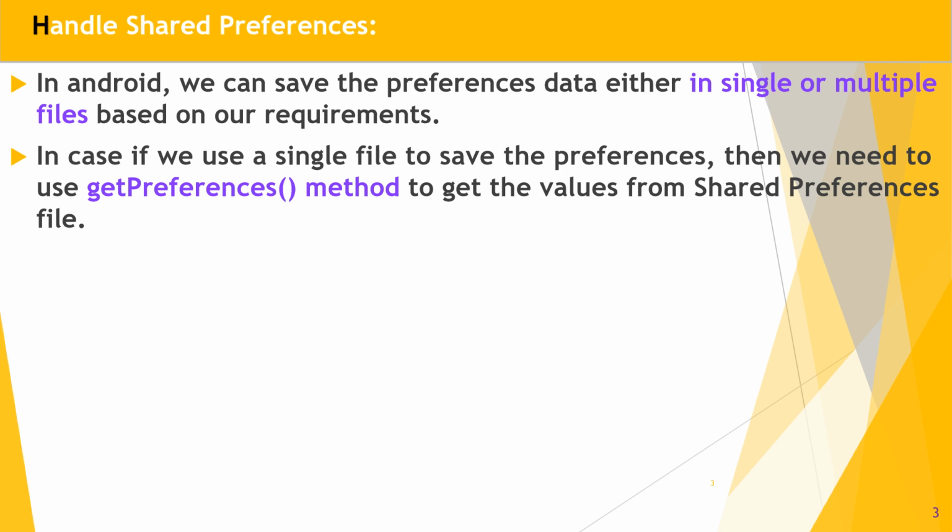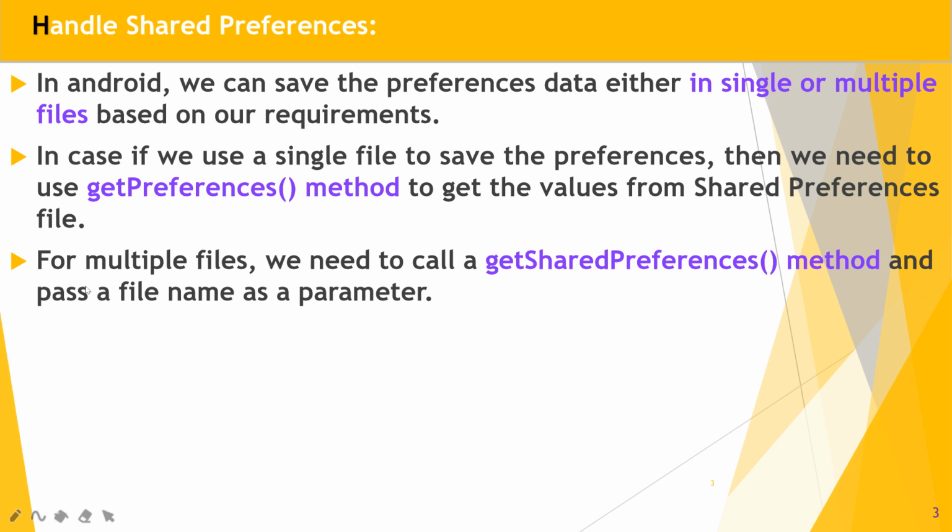For single file and for multiple files, the methods which we use in our code are different. For retrieving the data from the single file, we use the getPreferences method to get the values from the shared preference file. For multiple files, we need to call the getSharedPreferences method.